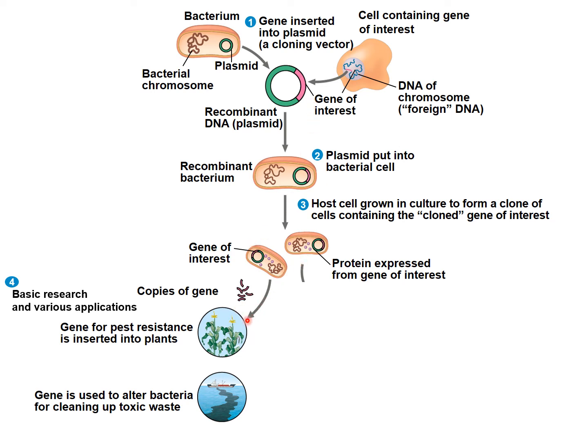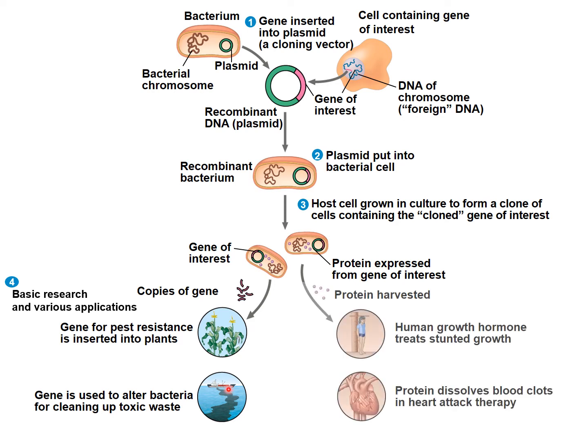So we can put a gene for pest resistance and insert it into plants so that they're resistant against insects and other animals that might affect their growth. We could use the gene which alters a bacteria for cleaning up toxic waste. So I explained that on the first slide of this segment. So this is one way in which it can be done.